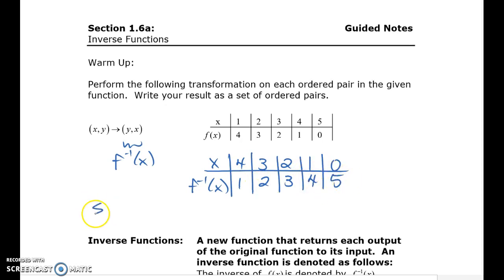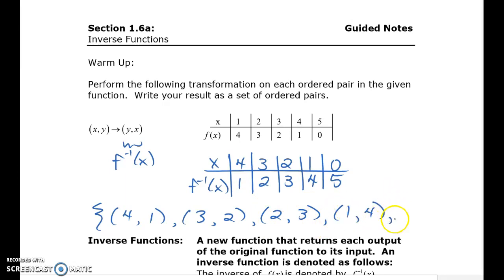So the set that we can identify by flipping the x's and the y's is 4 comma 1, 3 comma 2, 2 comma 3, 1 comma 4, and 0 comma 5.